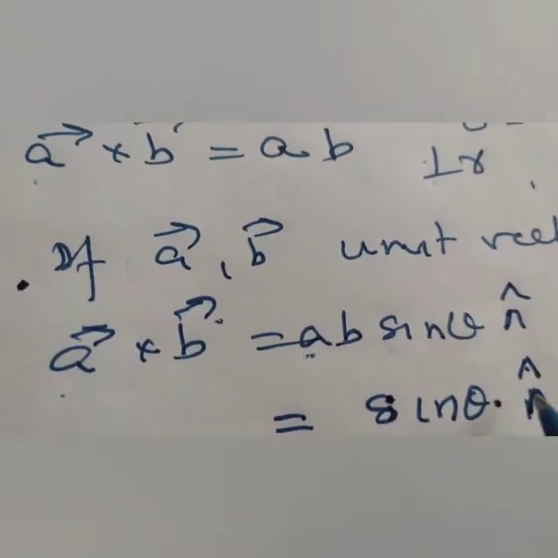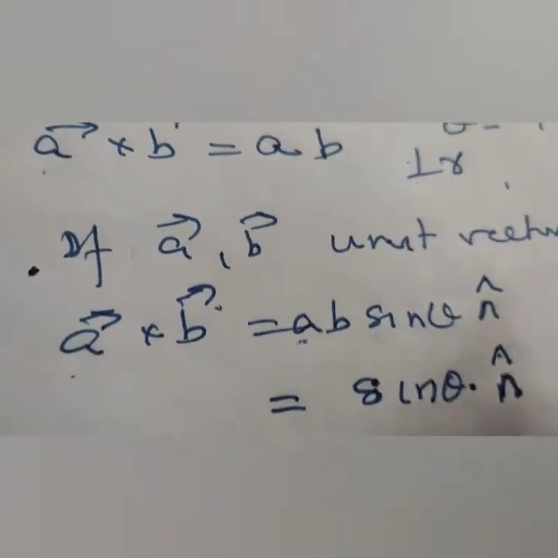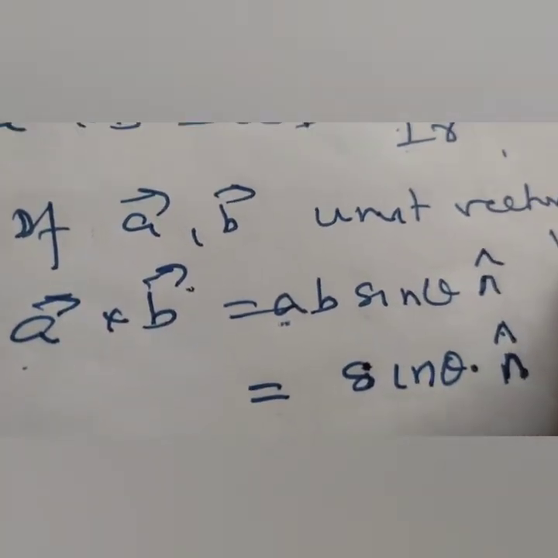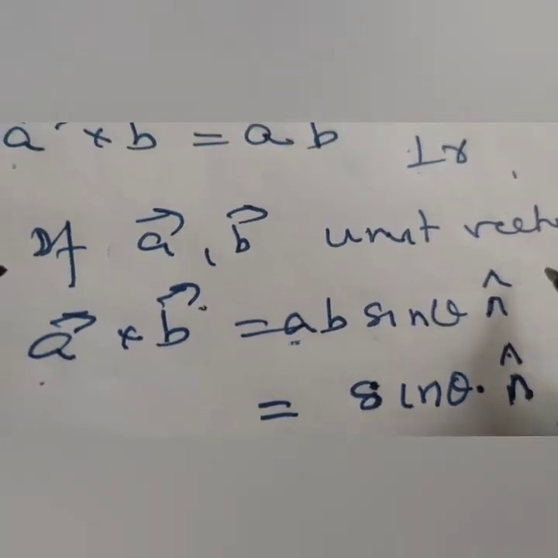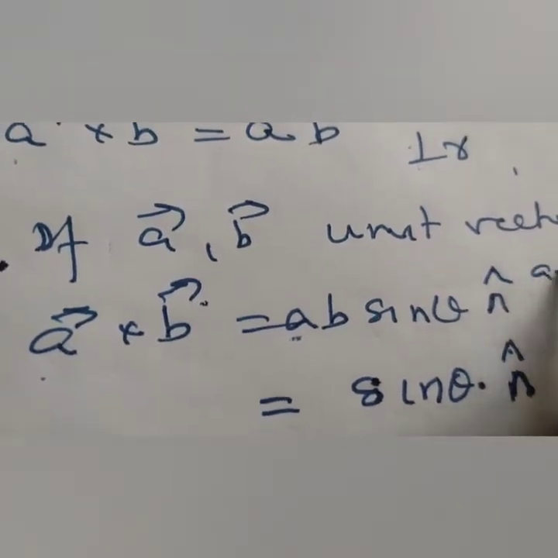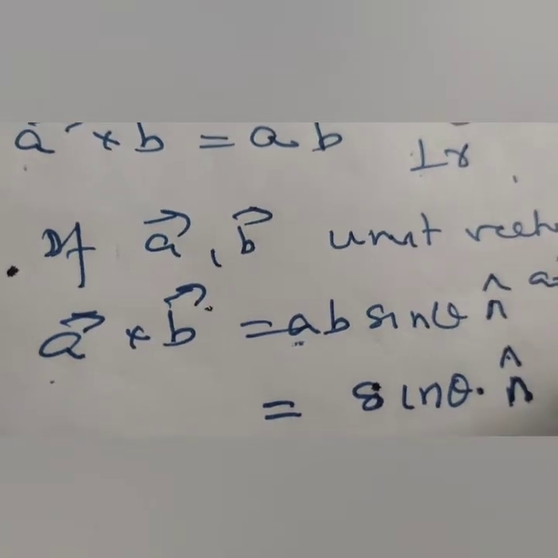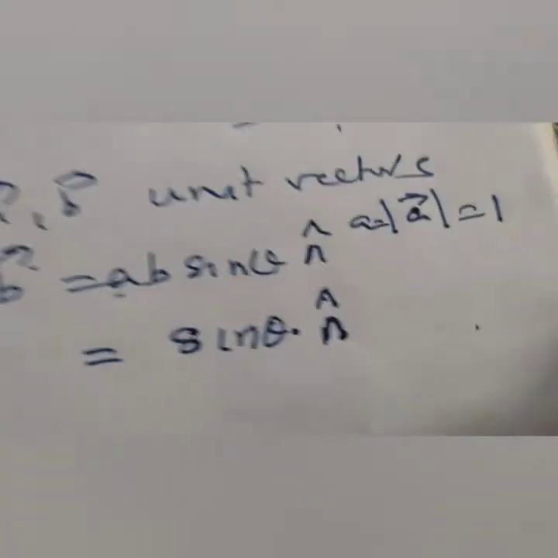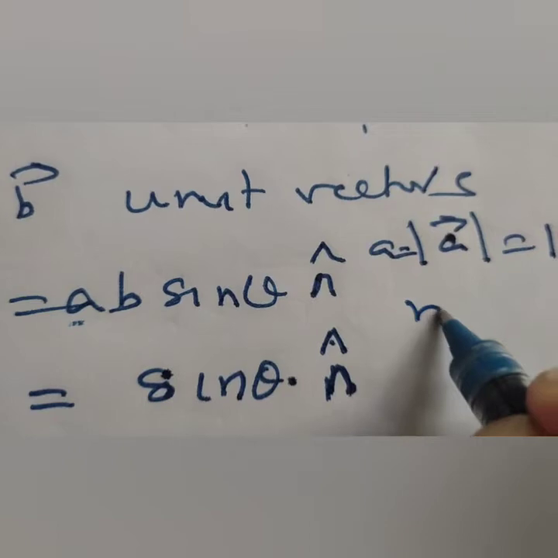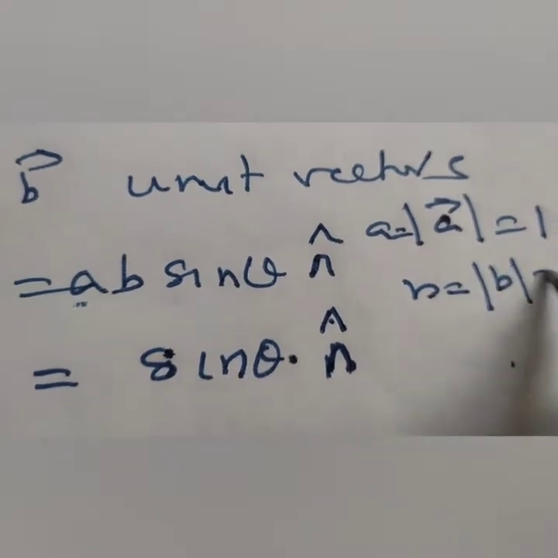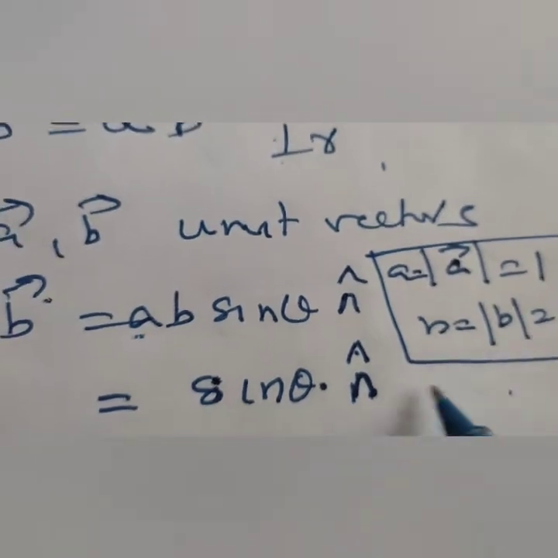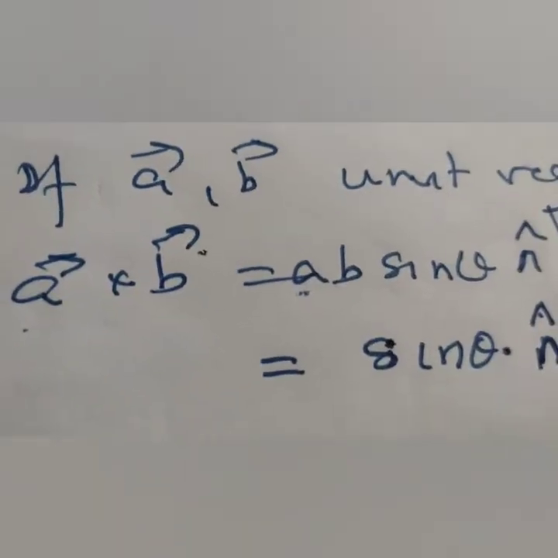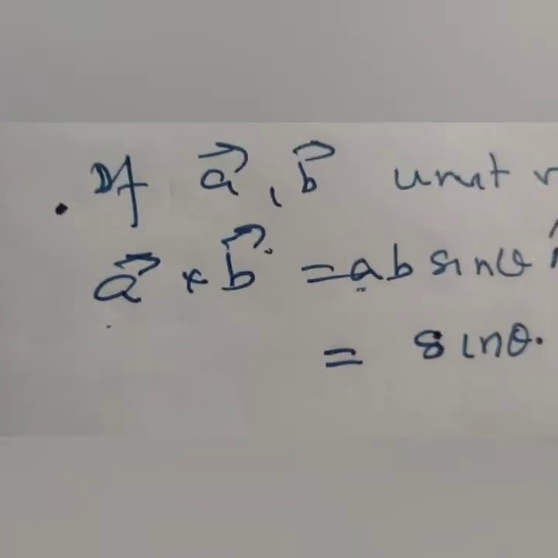The modulus of A is equal to 1, and the modulus of B is equal to 1. Remember. So |A||B| is 1, so sin theta into n.